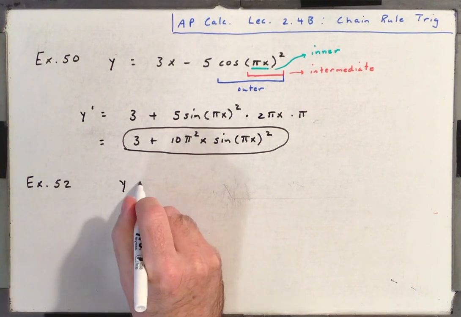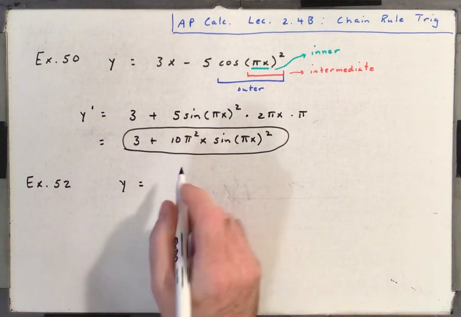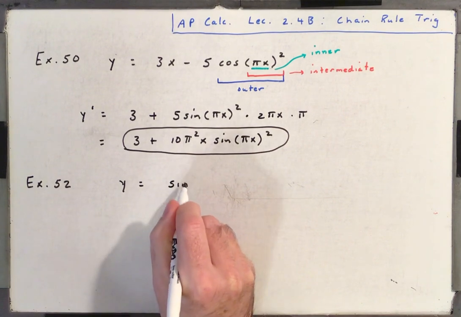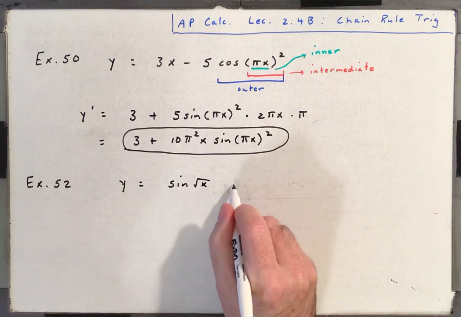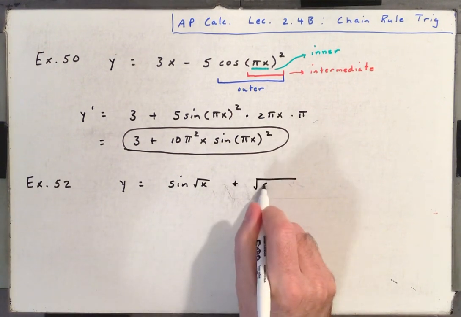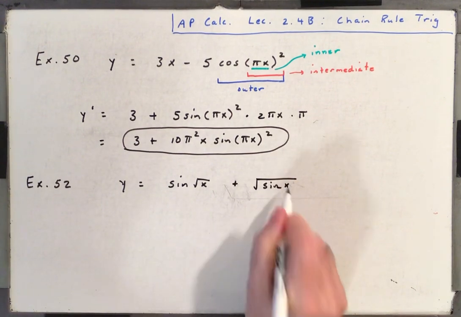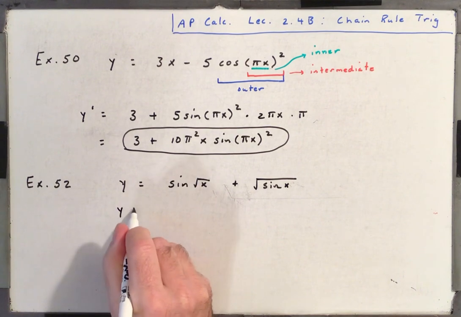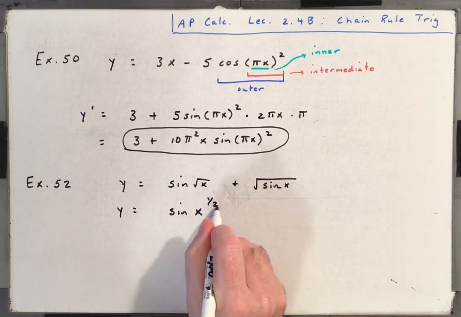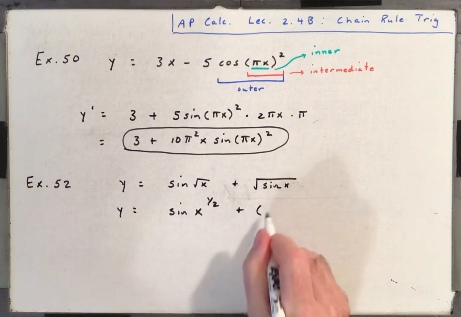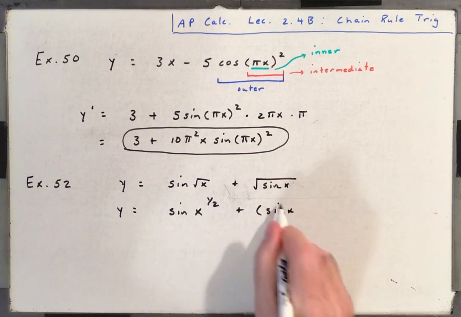All right. Our last example, we're going back to the 2-layer onion. You have sine root x plus root sine x. Well, let's rewrite that as sine x to the 1/2 plus sine x to the 1/2.